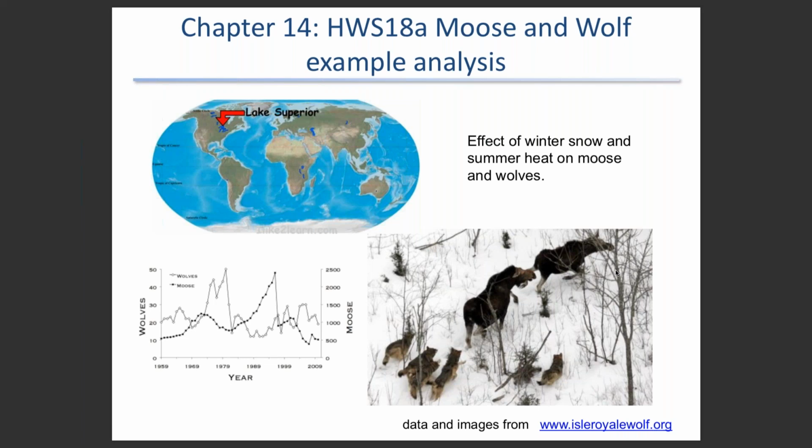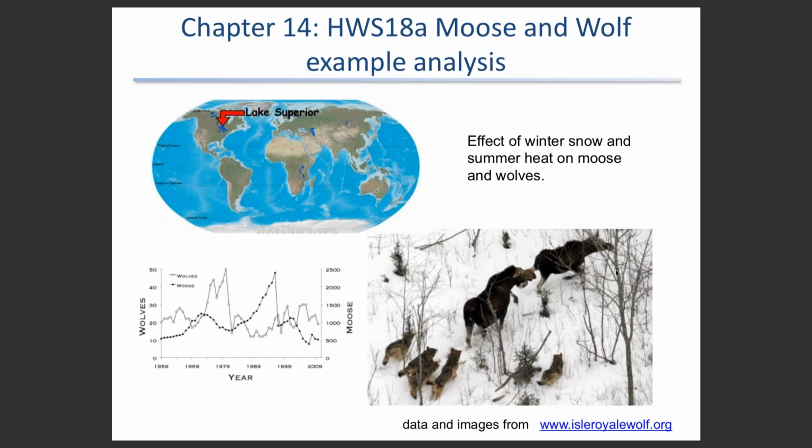You have your wolves having a positive effect on the moose, which is not what you would expect. But if you include the covariates that are known to be very important, which is the winter snow depth and the summer heat and precipitation, then the interactions that you get start to make sense, and the effect of these covariates make sense.